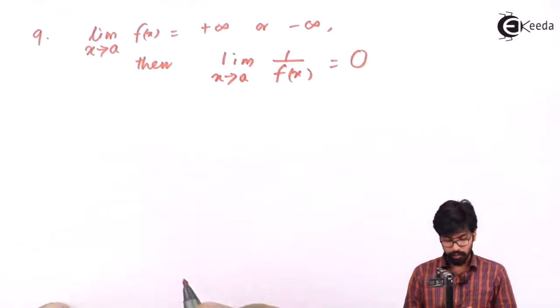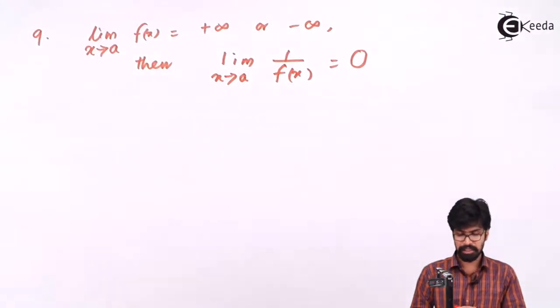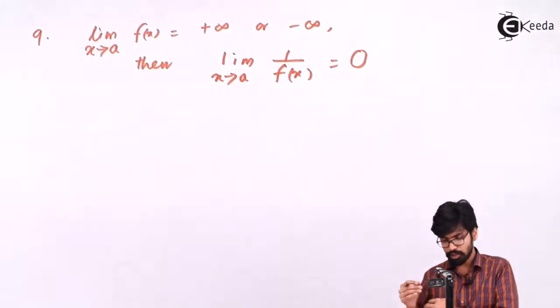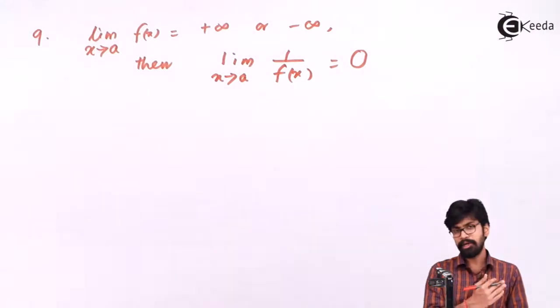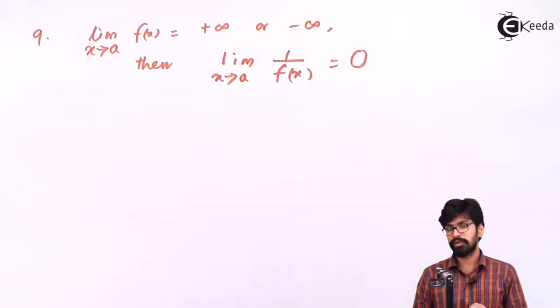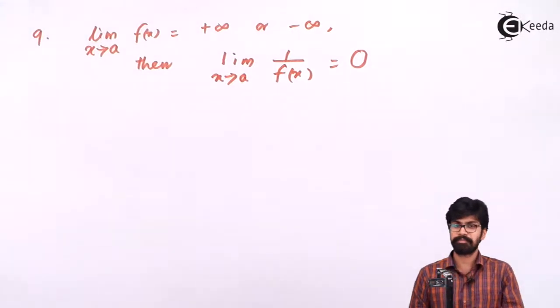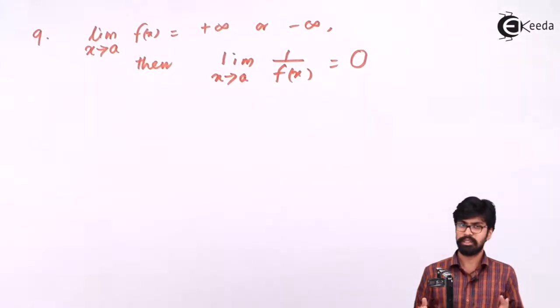So whenever we find limit of f of x as x approaches a is equal to infinity, whether positive or negative, then limit of 1 upon f of x when x approaches the same point a is equal to 0.